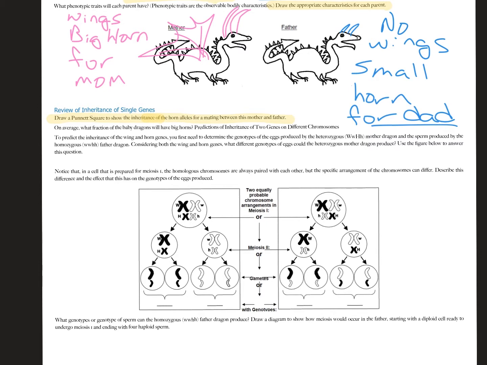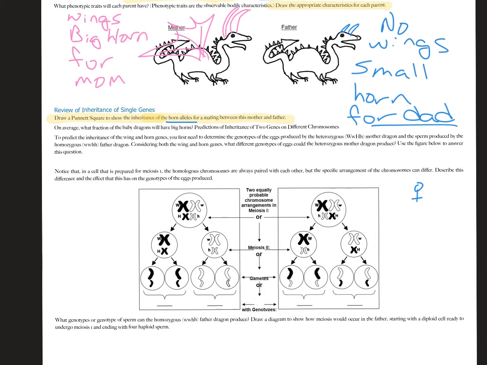At this point, what I would expect is they're talking about little horns, right? And mom had what? Mom had wings and big horn. Well, what is it asking? Alleles for what? What alleles? Mom and dad. For horns.